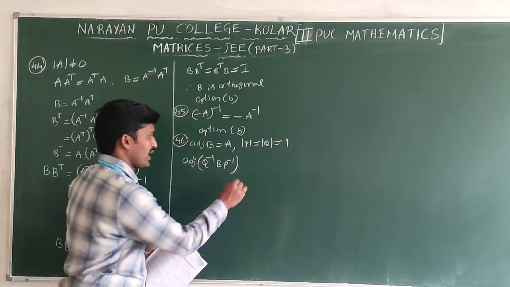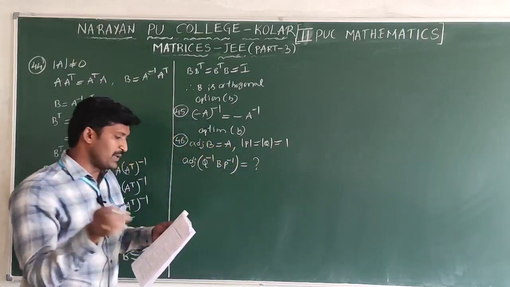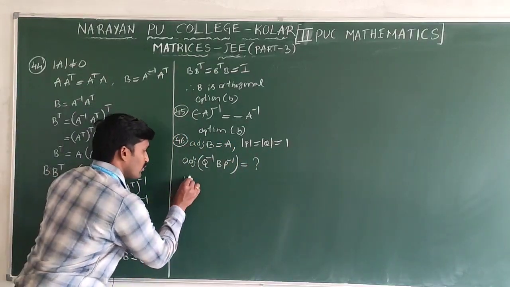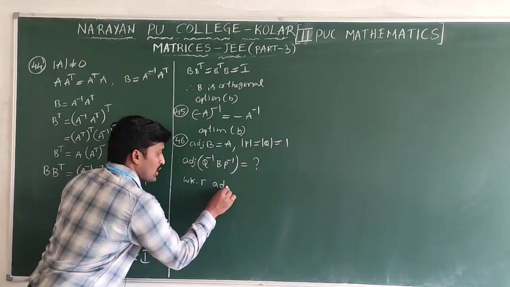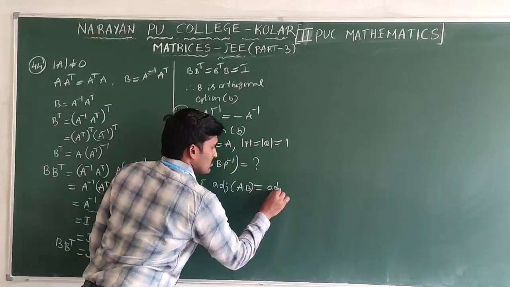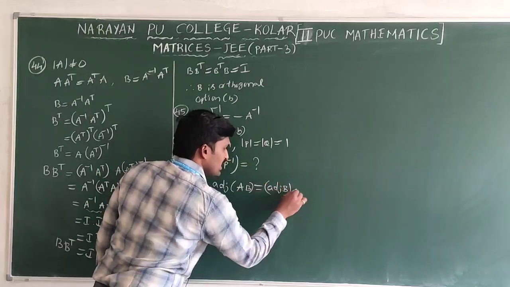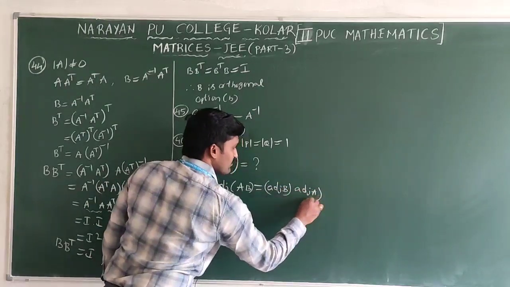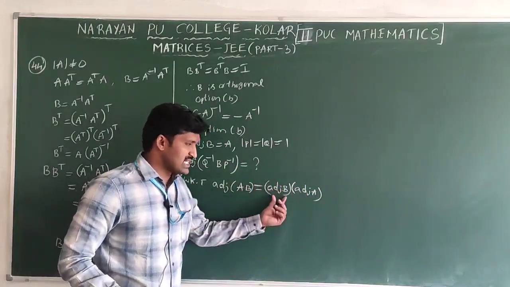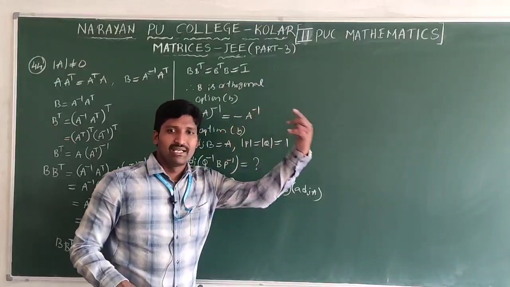This value we need to find out in the form of PAQ only. Now, we know the condition: adjoint of A into B equal to adjoint B into adjoint A. Like, if three terms are there, adjoint of ABC means adjoint C into adjoint B into adjoint A we will get.